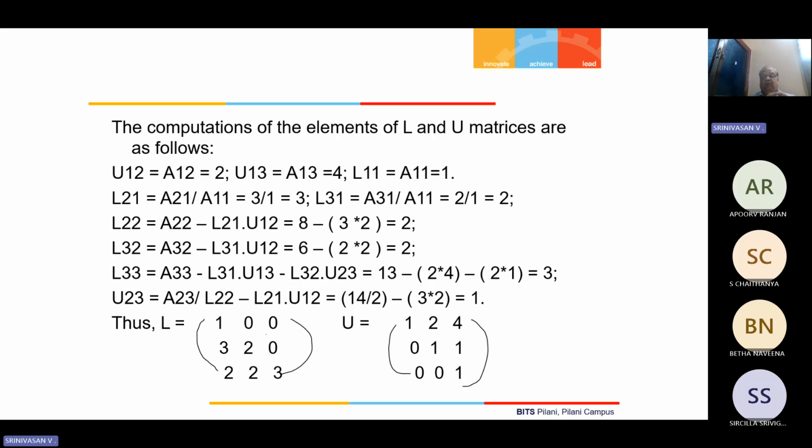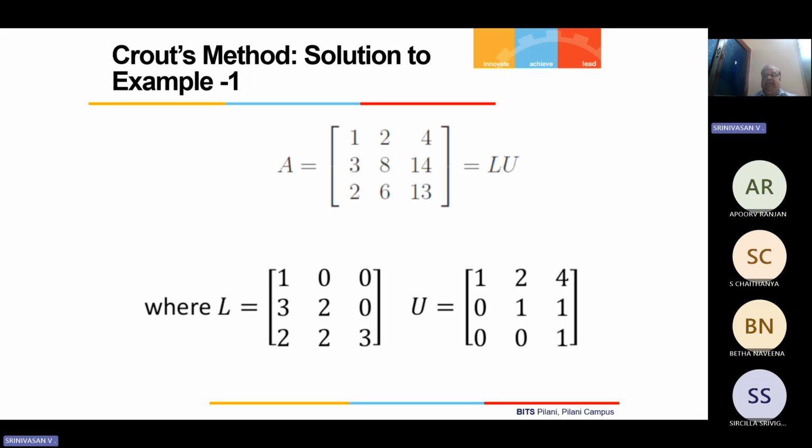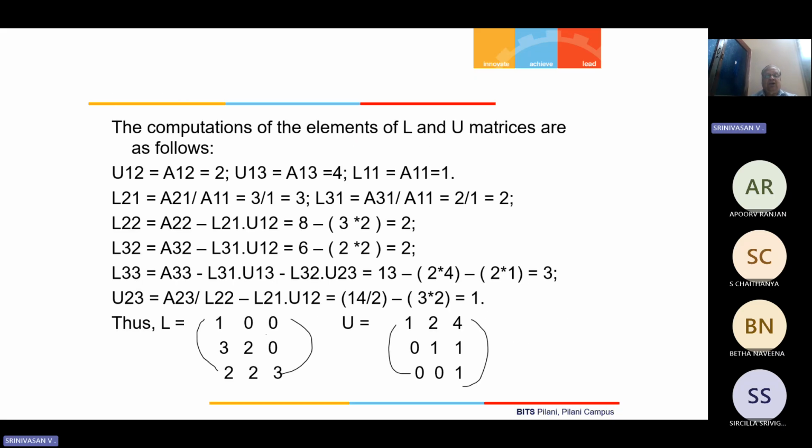So we have found L21 and L31. Next we go to L22. That is A22 minus L21 into U12. This formula you need to remember. What is A22? It is 8. So 8 minus L21, which we found is 3, into U12, which is 2. So 8 minus 6 is 2.